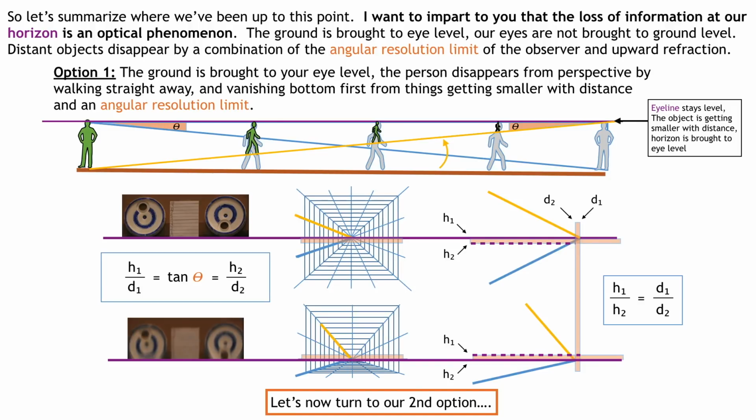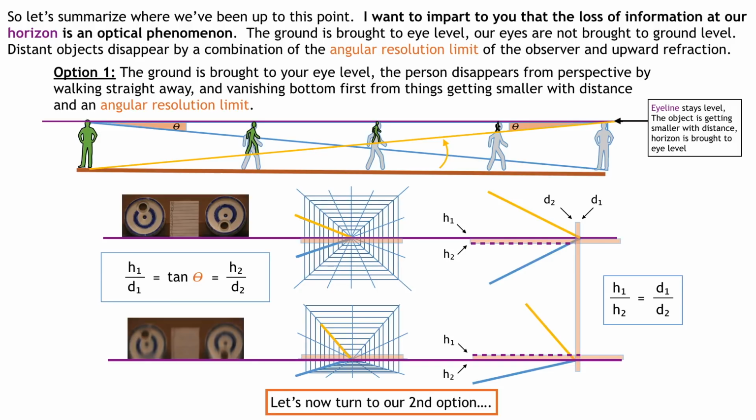So option 1, the ground is brought to your eye level. The person disappears from perspective, getting smaller with distance by walking straight away, vanishing bottom first, from that preferential compression of the lower visual field as you are pressing those visual angles against a tangible object, in this case let's say a floor.